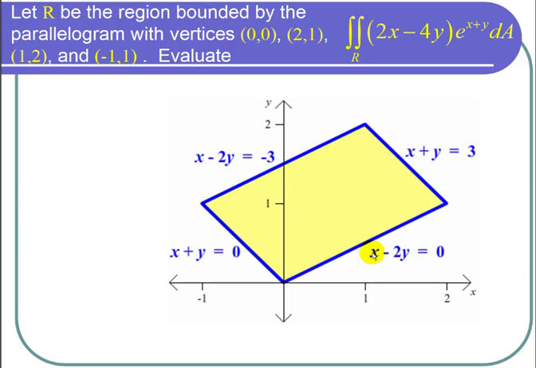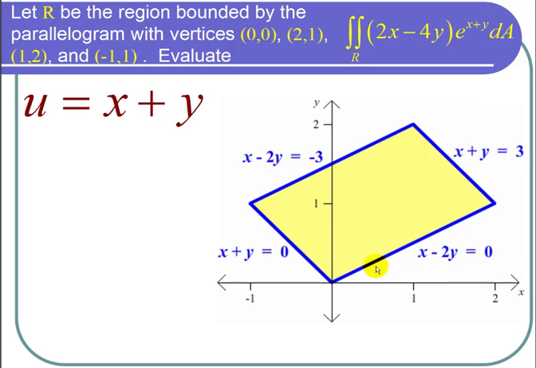What's nice about this is that this helps us decide what u and v are for our change of variables. So I'm going to set u equal to x + y so that this line here becomes u = 0, and this line here becomes u = 3. And I'm going to let v be x - 2y. So this line becomes v = 0, and this line becomes v = -3.